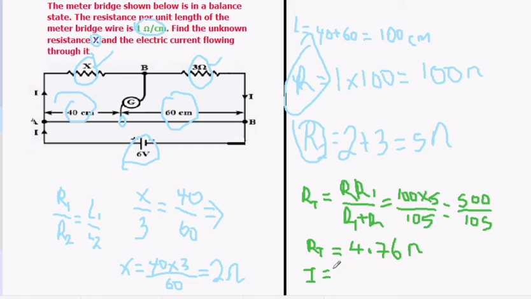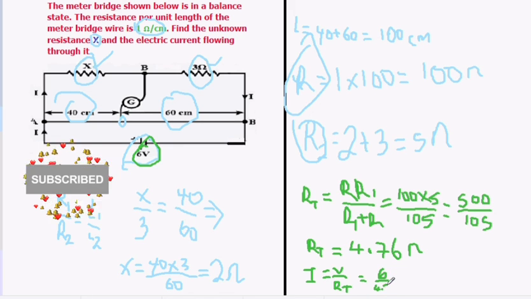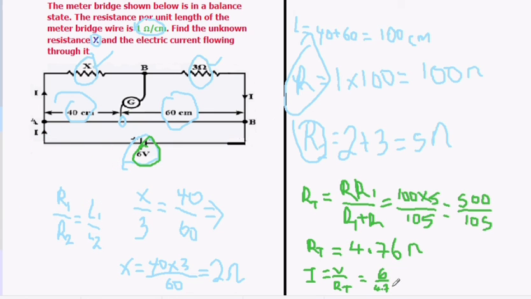Now the current flowing through the meter bridge is going to be V divided by R total. That's from Ohm's law. The voltage is 6 volts divided by 4.76, and that is going to give us 1.26 amperes.